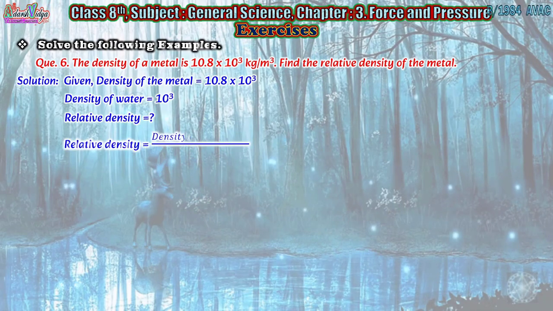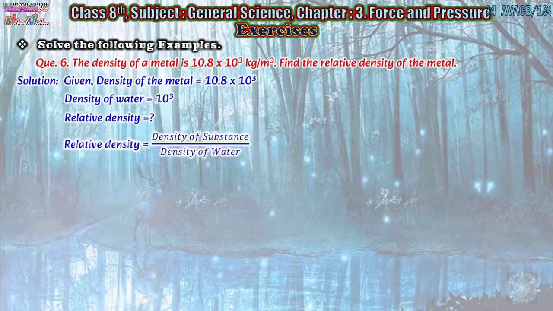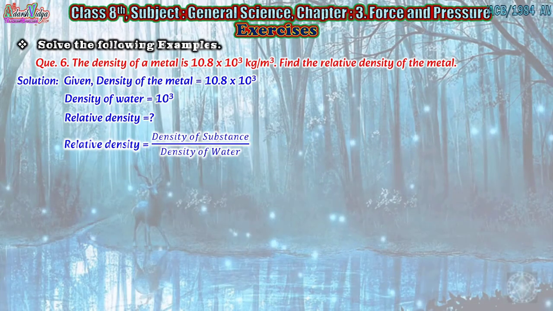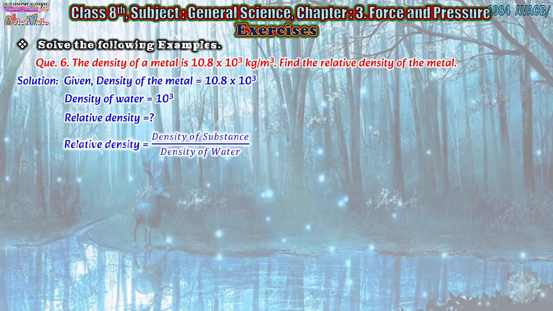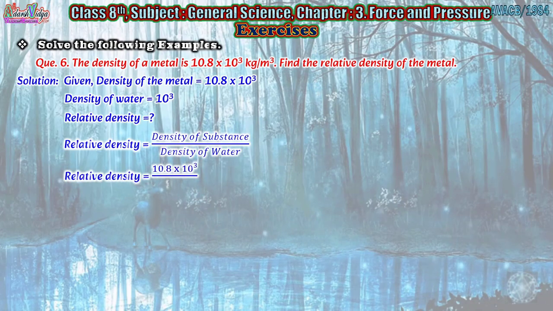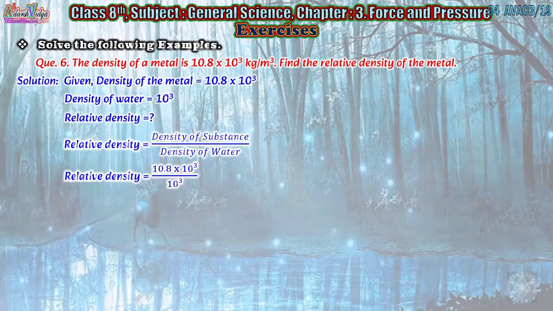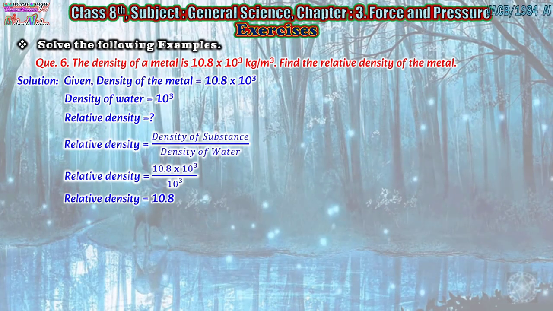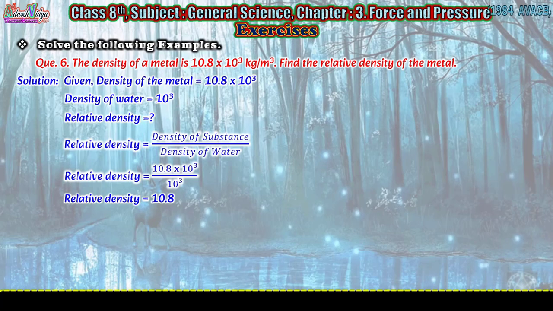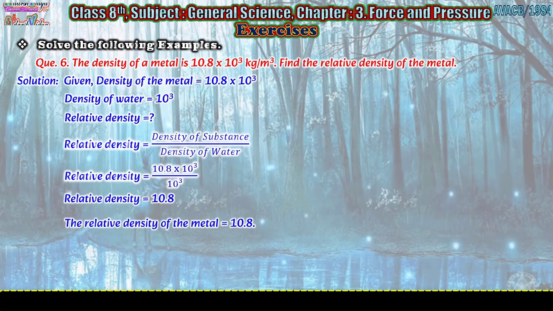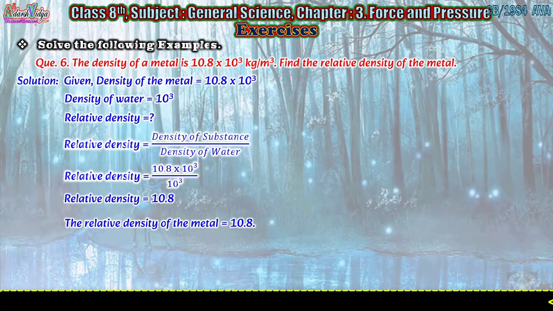Formula is relative density equals density of the substance upon density of water. Relative density is equal to 10.8 times 10 cube upon 10 cube. Relative density equals 10.8 then. The relative density of the metal equals 10.8.